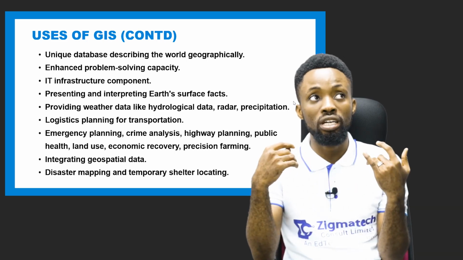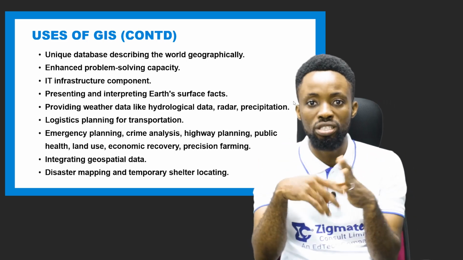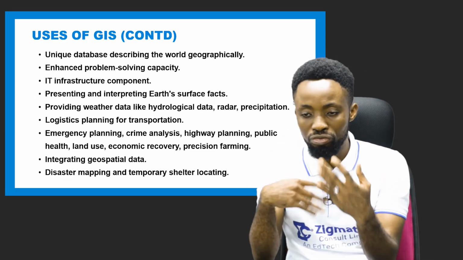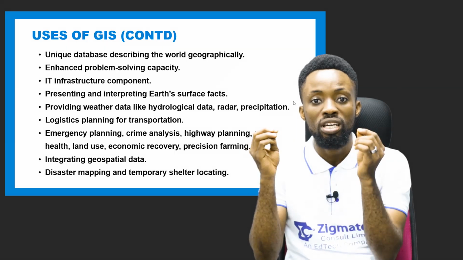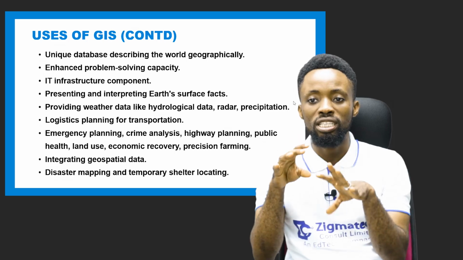The fact that the earth is a geoid, revolution, rotation, all of these facts and things about the earth's surface are actually gotten from geographic or geospatial data.